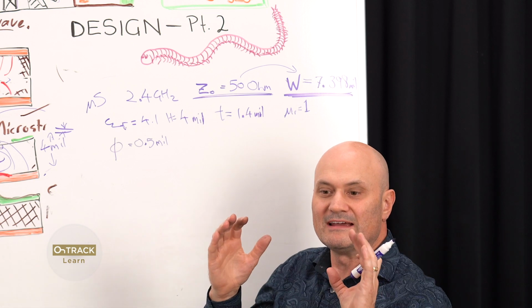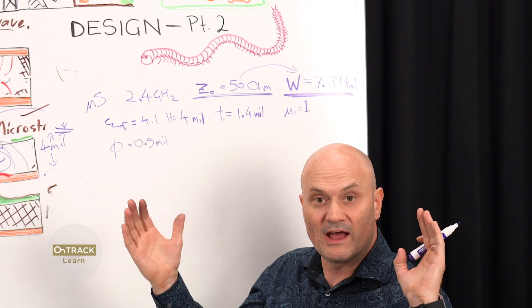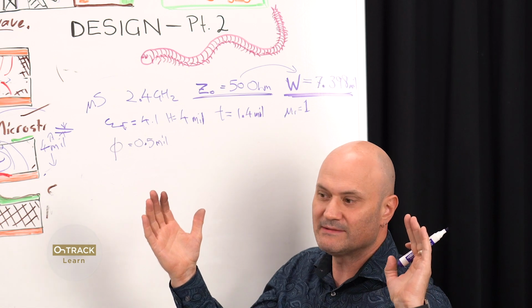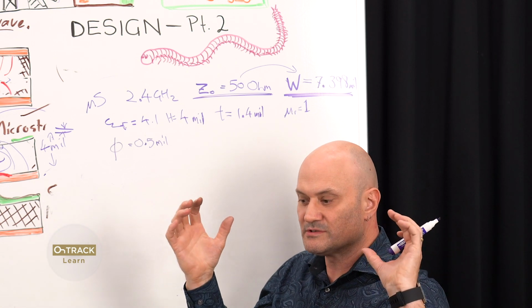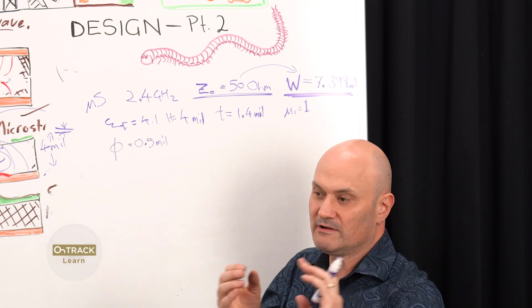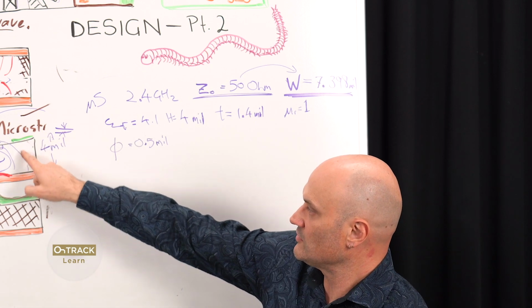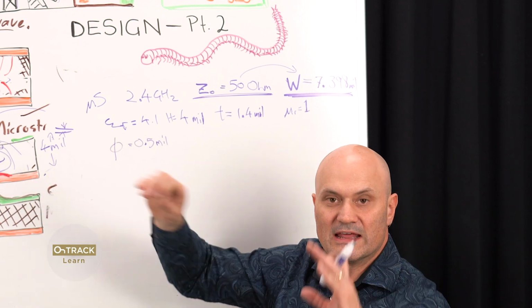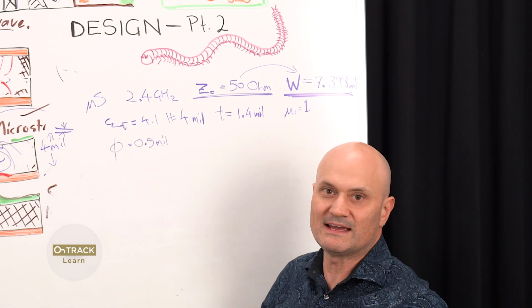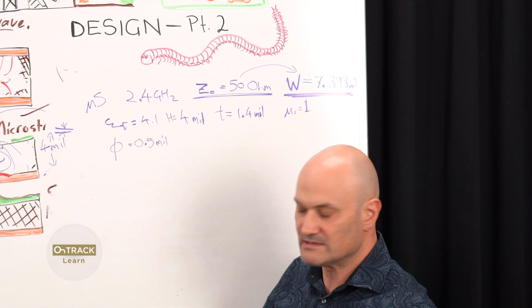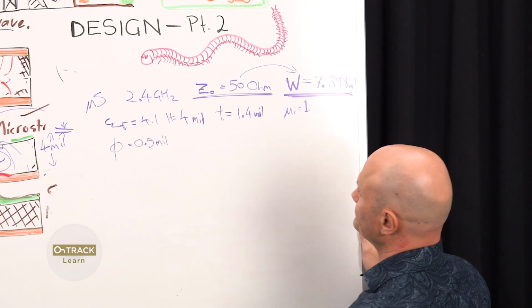If you're wanting to have wider traces for higher current carrying capacity because you're going to do something like an RF power amplifier and you need more power, well, then you need to increase your dielectric thickness so you can have wider traces but still maintain that 50 ohm impedance. So just bear that in mind.